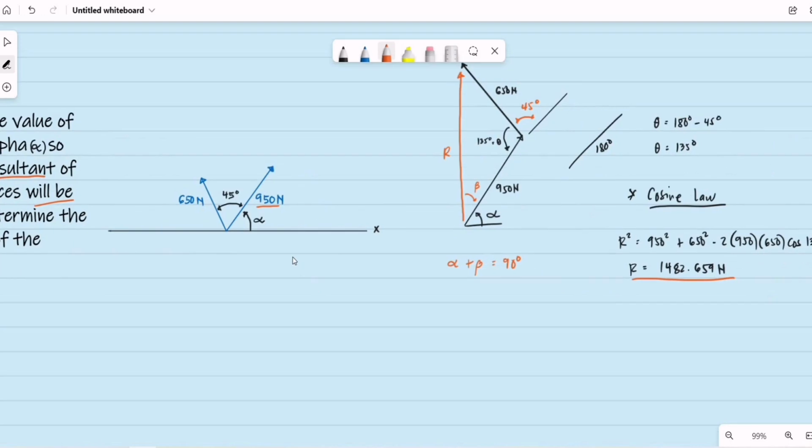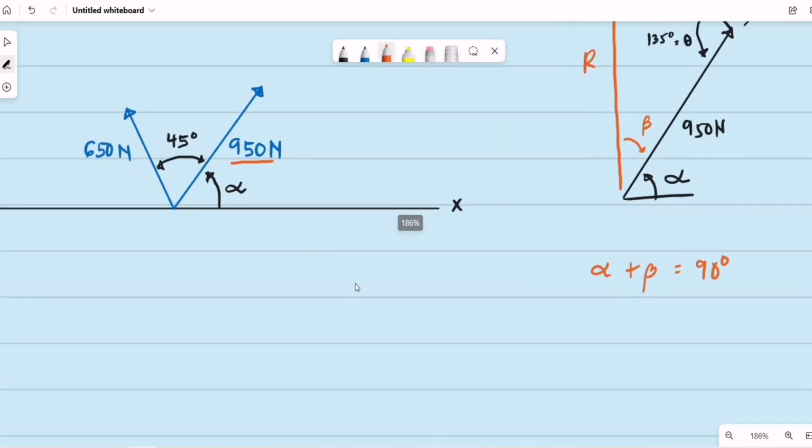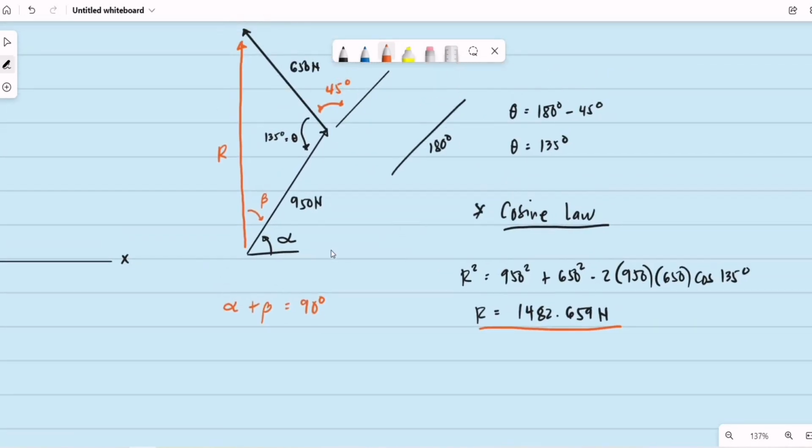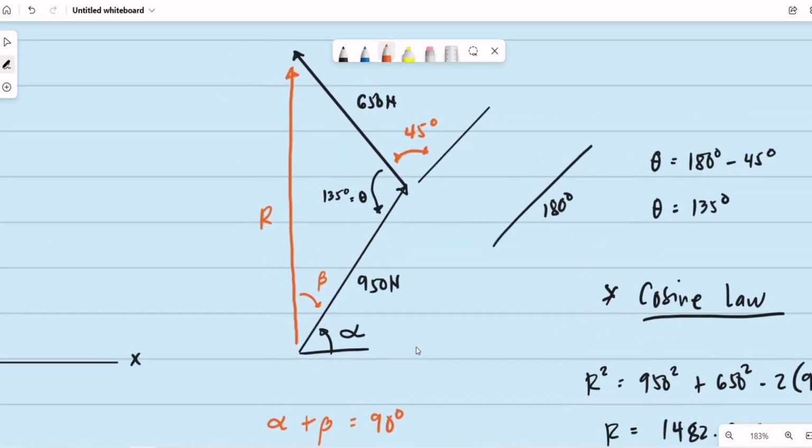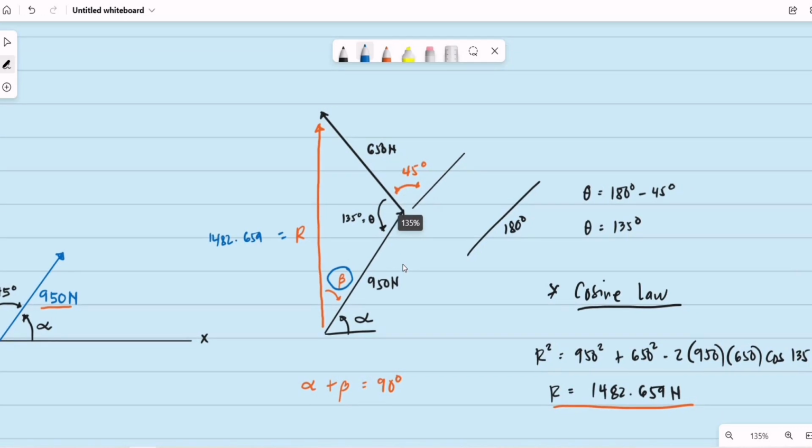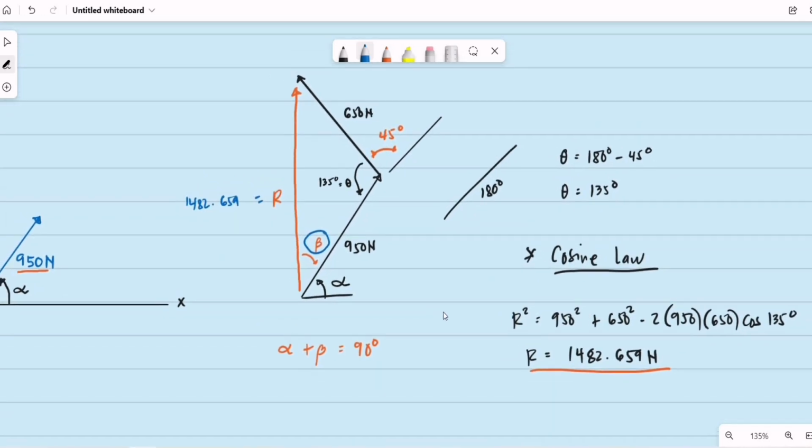Then the first unknown is the angle alpha. How do we now compute for the value of the angle alpha? First, we may compute for the value of the angle beta. So again, we have now the value of the resultant as 1,482.659. Based on our triangle again, how do we compute for the value of alpha?